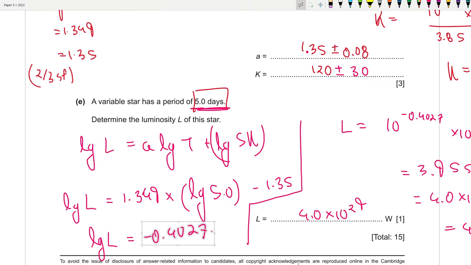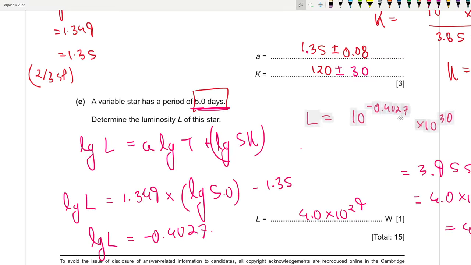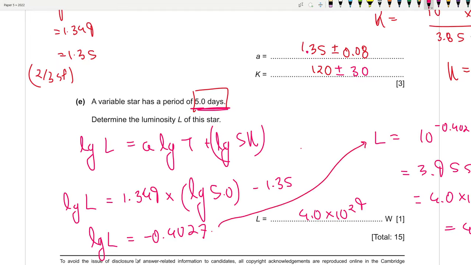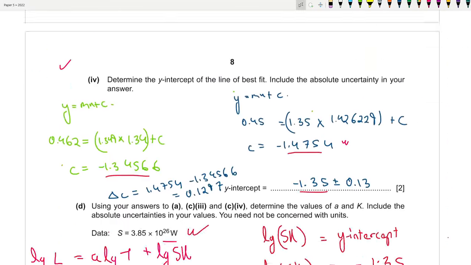Okay, so minus 0.4027. Next, what do we need to do? Sorry guys, this is a continuation from this end here. So L is equal to 10 to the power of that, but remember L is luminosity.